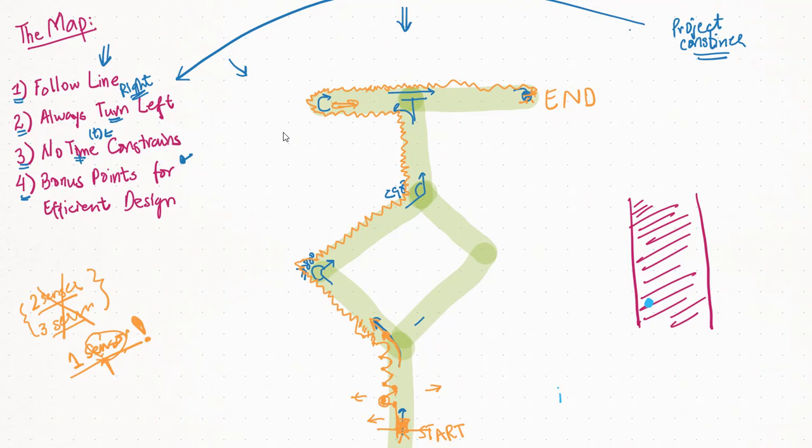Now if there is a line, it would turn to its left, and it would, let's say, reach here in 2 or 3 turns, and then if there is no line, it would turn to its right. So this is the logic we would be following.